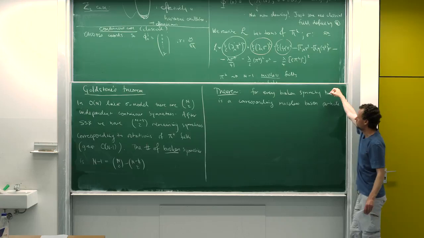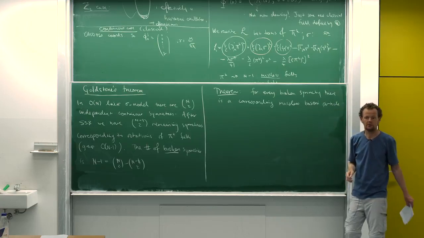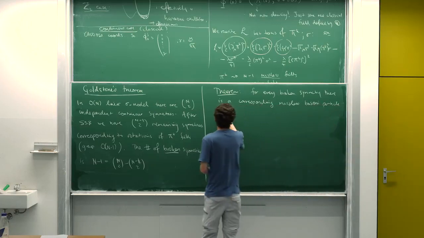So for every broken symmetry, there is a corresponding massless bosonic particle. These are called Goldstone modes, Goldstone bosons.